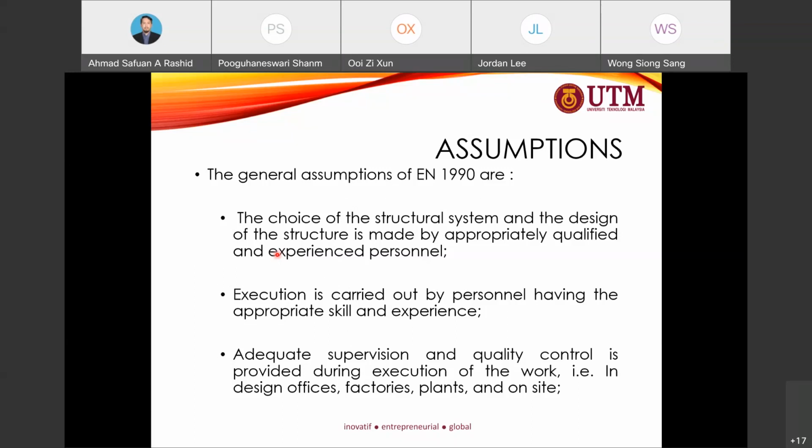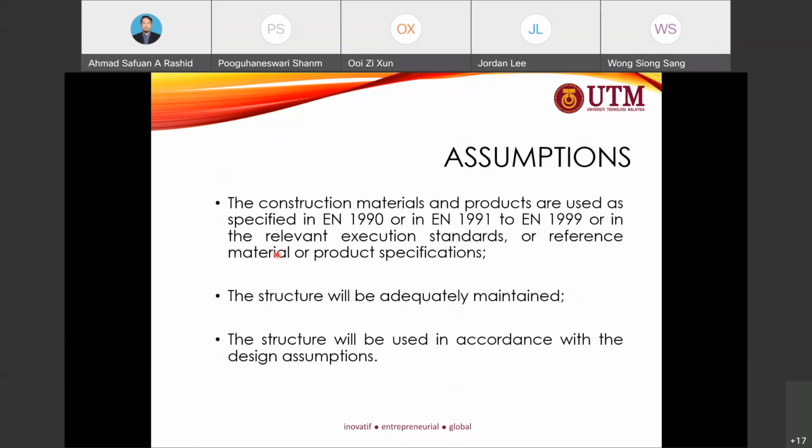Adequate supervision and quality control is provided during execution of the work, in offices, design, factories, plants, and on site. The construction materials and products are used as specified in EN 1990 or EN 1991 to EN 1999, or in the relevant execution standard or reference material or product specification. The structure will be adequately maintained. The structure will be used in accordance with the design assumptions.